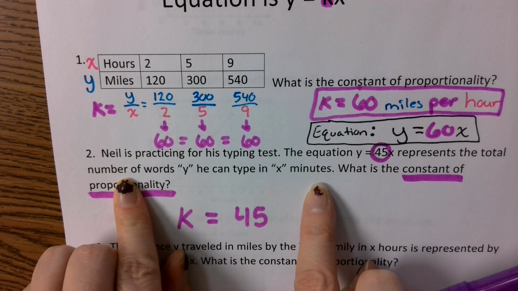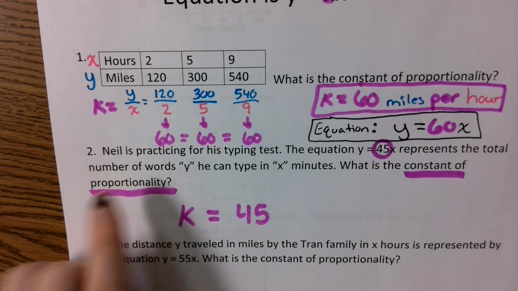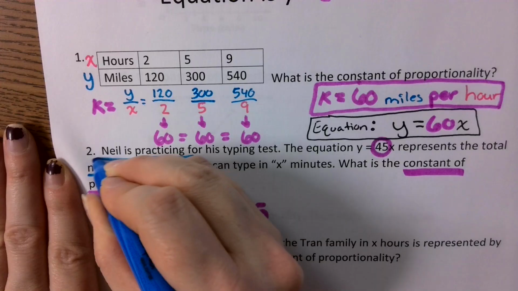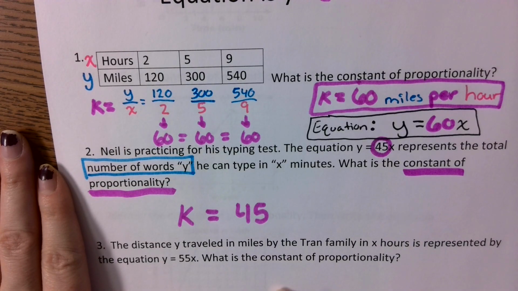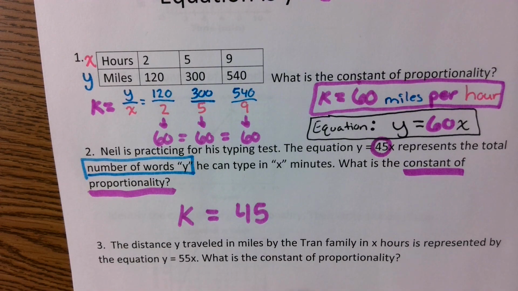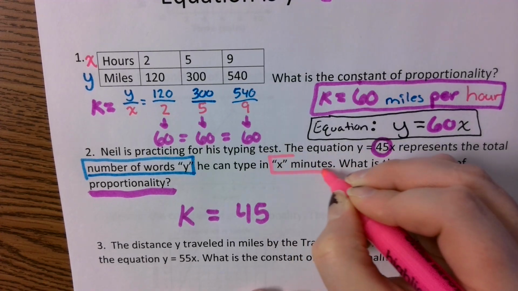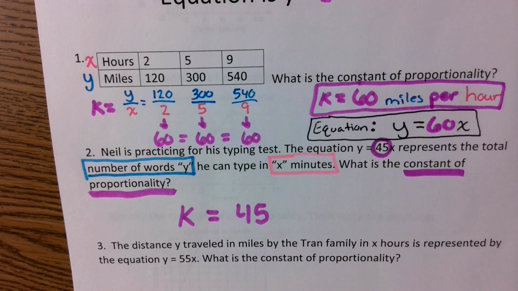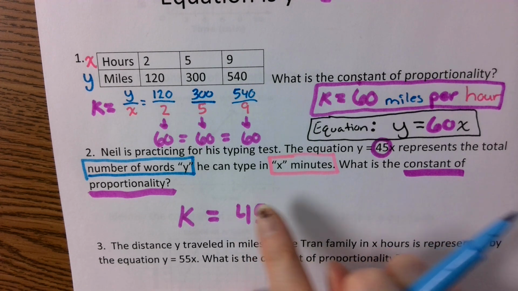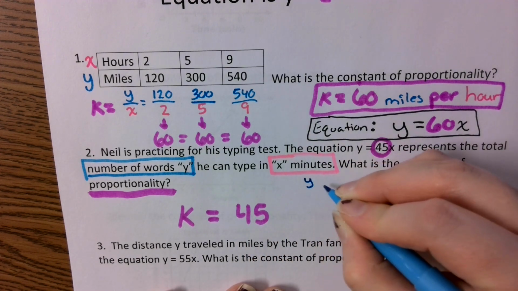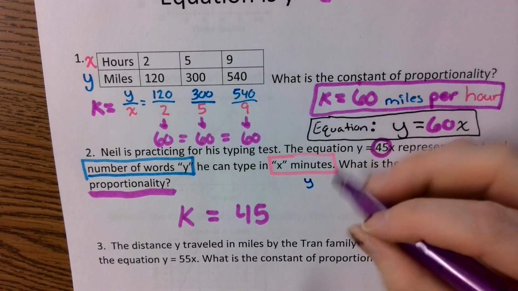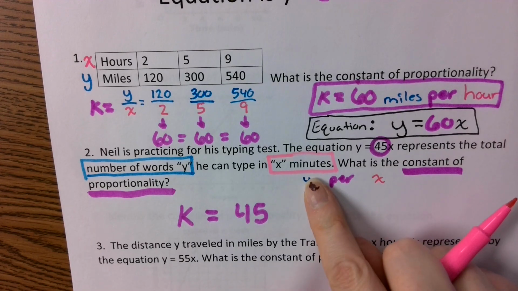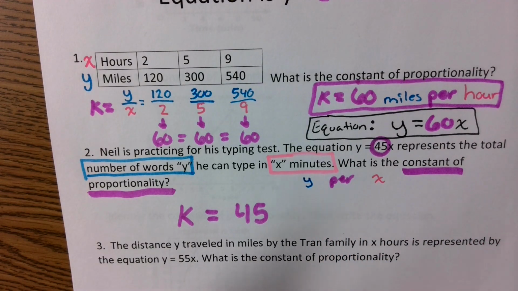Here, it says Y is the number of words. X is the number of minutes. So when I'm putting my information down, I need to put it as Y per X. Don't forget, it is always Y per X. So our Y was words.